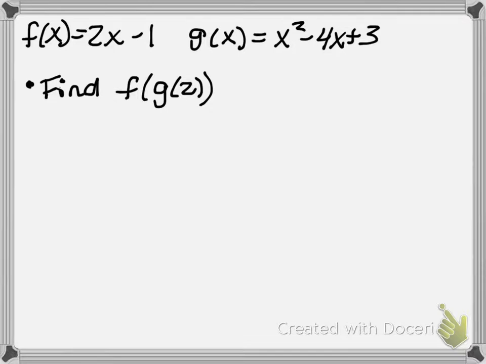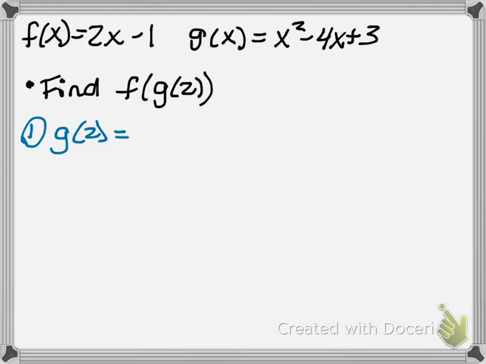Now we have f of x equals 2x minus 1, g of x equals x squared minus 4x plus 3, and it tells us to find f of g of 2. So we're going to start in the very inside of our parentheses. The farthest inside is g of 2, so first I have to find g of 2.